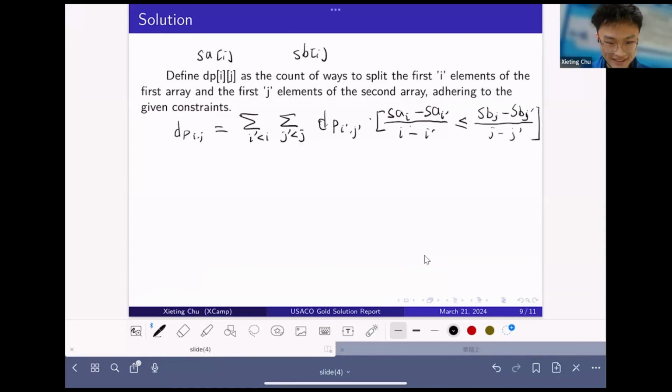In fact, this is just a restatement of the problem statement.